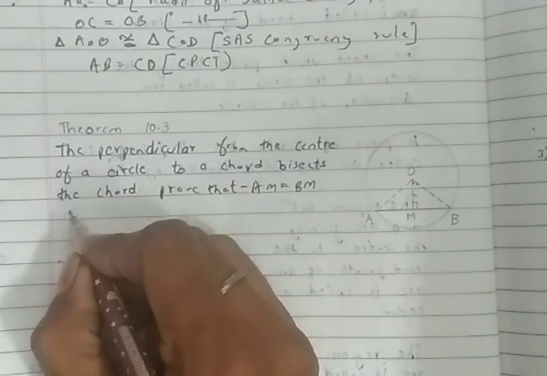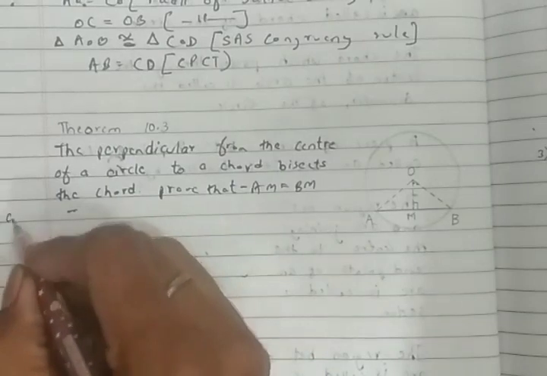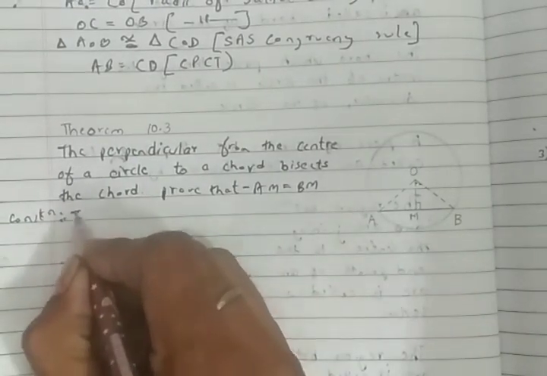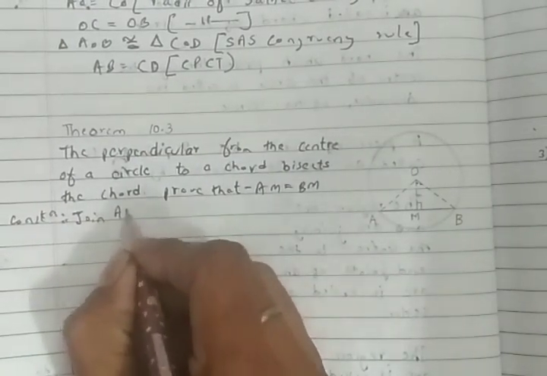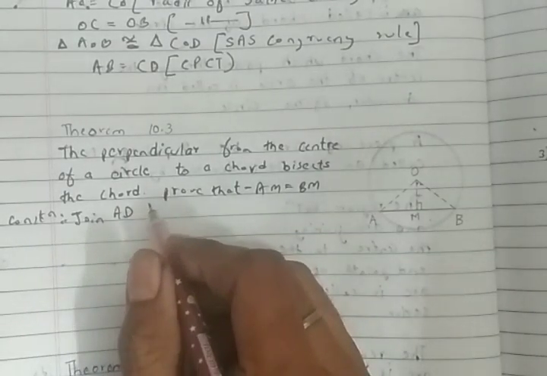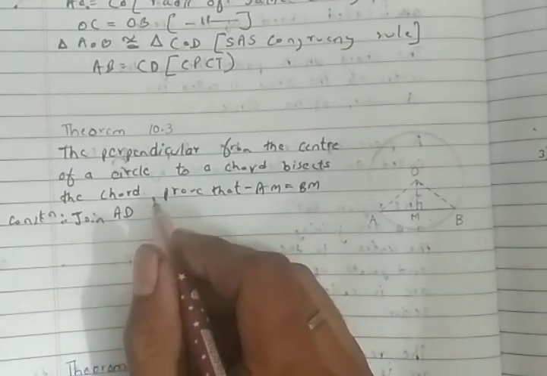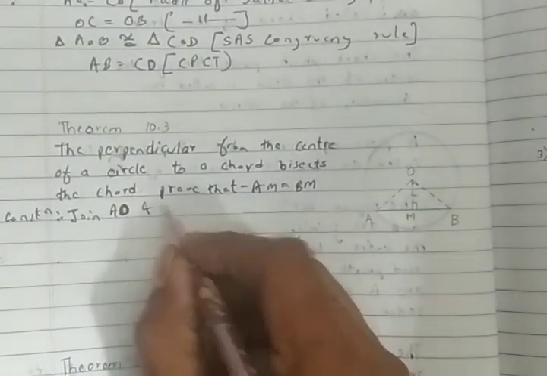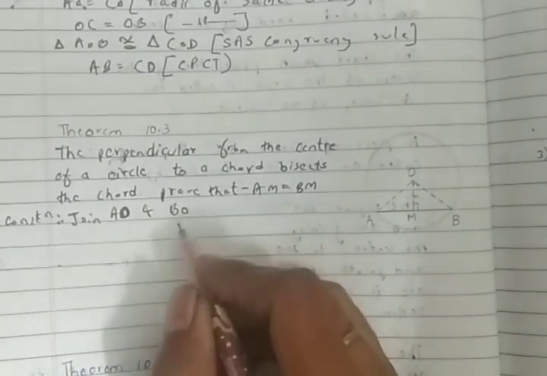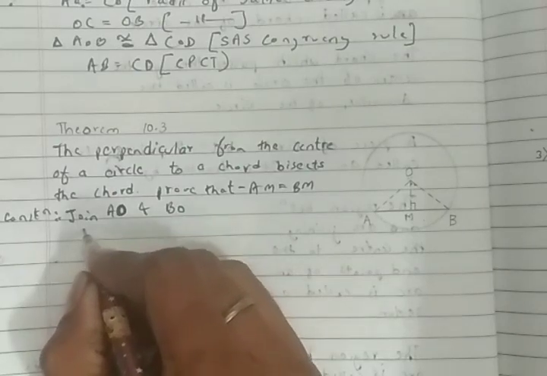Now we have to do some construction. Join AO and BO, sorry, we have to join it. So we'll get two triangles OAM and OBM. In that we will prove that AM equal to BM.